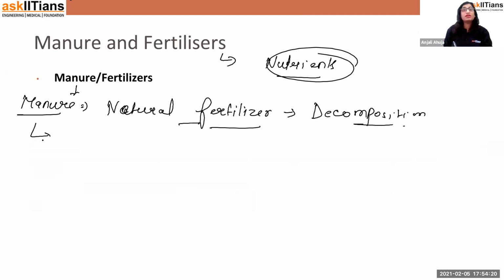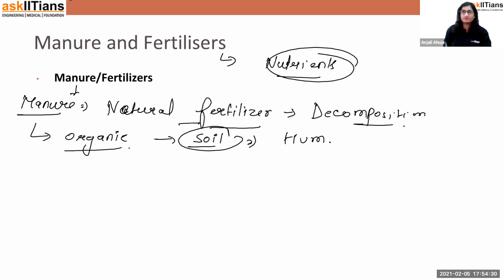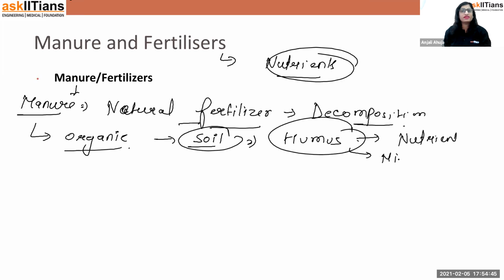In manure, a large quantity of organic material that is good for the plant is present, right? In the soil, it is prepared with the help of decomposition, and that makes the humus. Now, in the soil, it is not only making the humus, but it is also adding to the nutrient quality of the soil. It also fulfills the requirement of minerals in the soil.